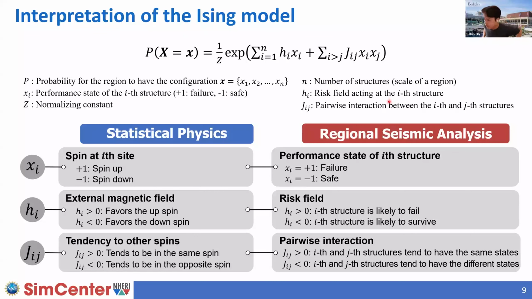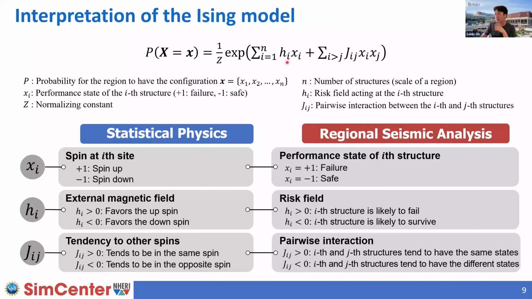The most interesting part is this H and J. So if you look at this equation, if Hi is positive, then the probability of Xi being +1 is larger than it being -1, which means that the ith structure is likely to fail, and vice versa for a negative sign.